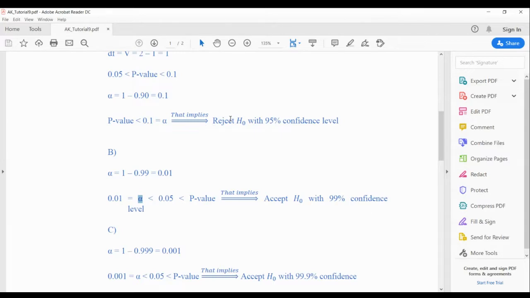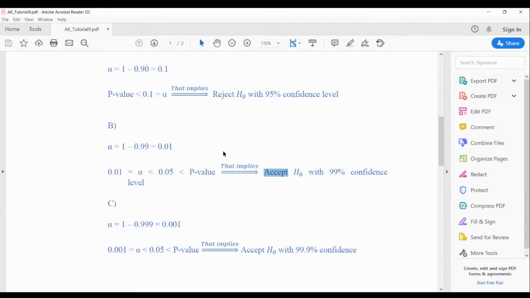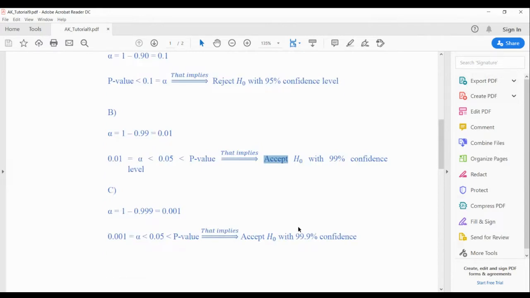So you see, based on your confidence level, you may reject or accept your hypothesis, which is the same hypothesis on the same trial. That's why your confidence level is important. As you increase your confidence level, it's getting harder to reject H0.